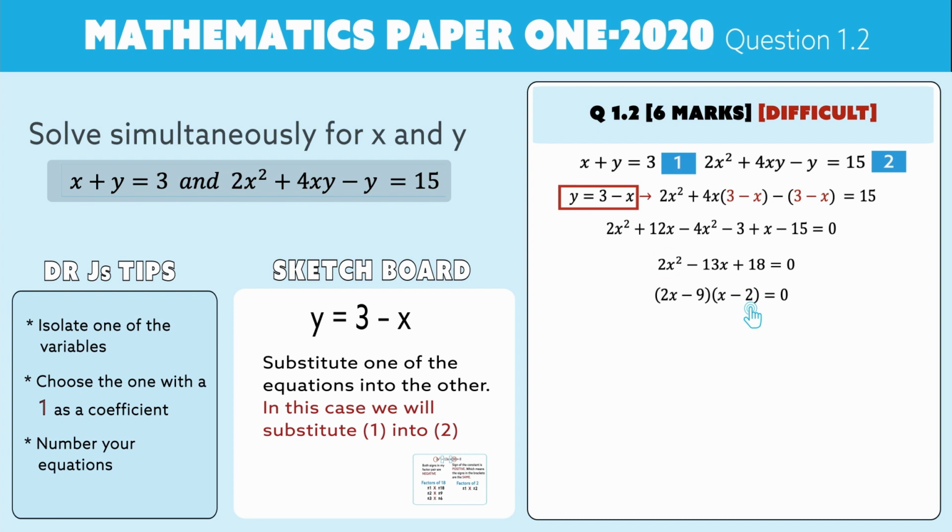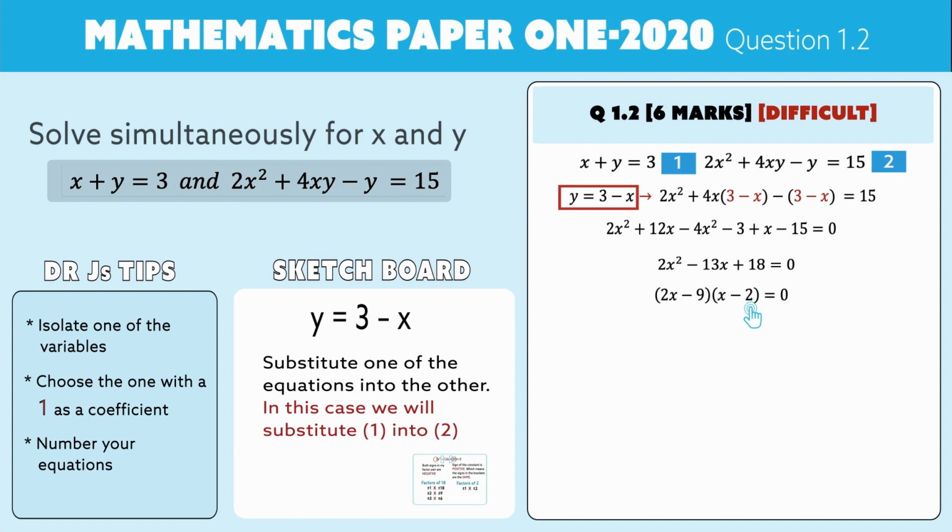Then minus 9 times minus 2 is definitely positive 18, so we can tick them. Now for the middle term, here we have minus 9, and then the outer terms we have minus 4, and that is definitely minus 13. It's always worthwhile checking yourself, folks, because you should get full marks for the simultaneous equation.